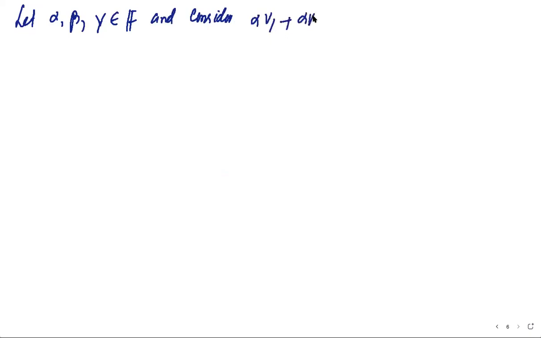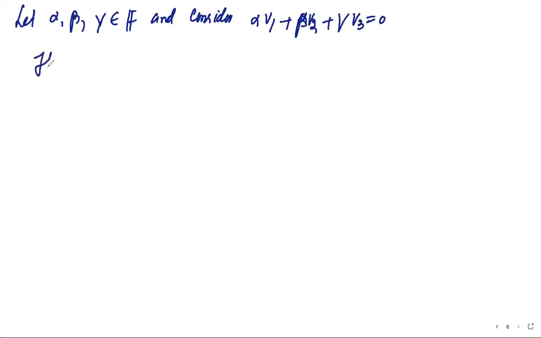So now let alpha, beta, gamma belong to the scalar field F, and consider alpha v1 plus beta v2 plus gamma v3 is equal to 0.